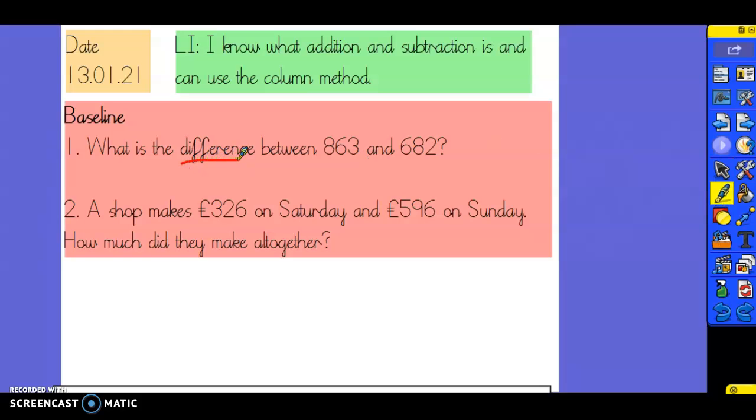Spotting that word difference, think about what does difference mean. Question 2, a shop makes £326 on Saturday and £596 on Sunday. How much did they make all together? Think about the word all together. What type of question do you think that is? Do you think that's addition or subtraction? I'll pause the video now, have a go at those questions, and then when you press play again, we'll go through those answers.